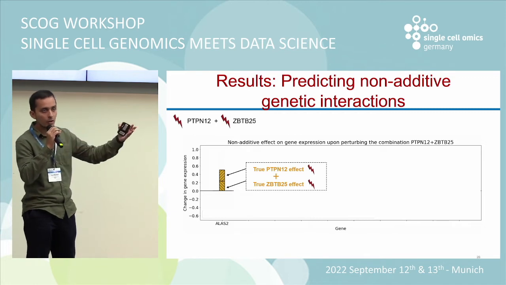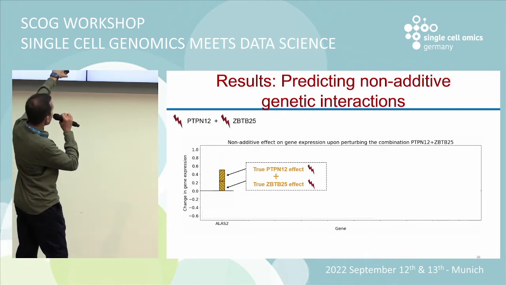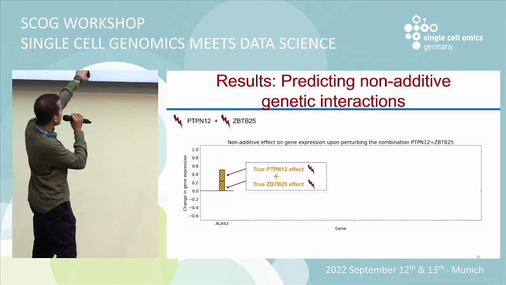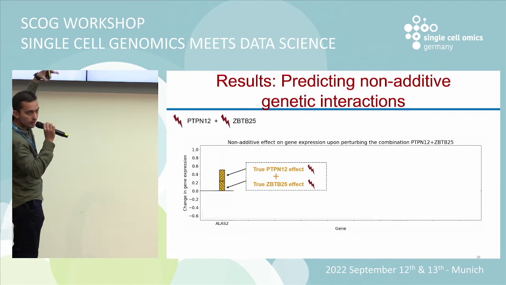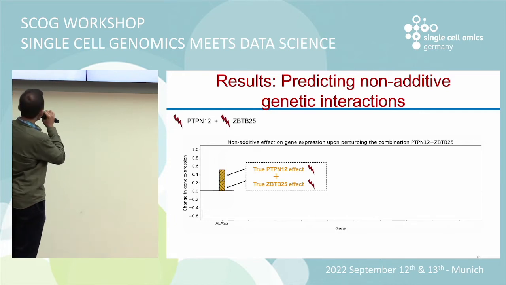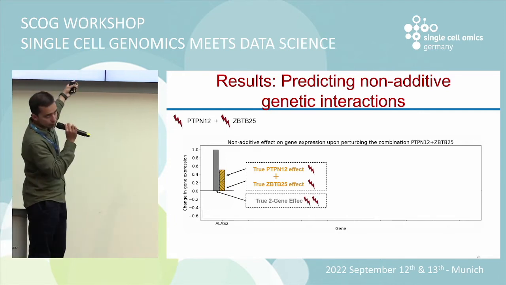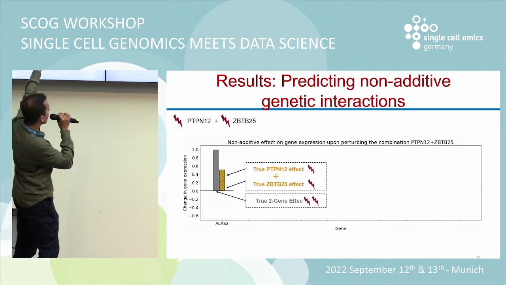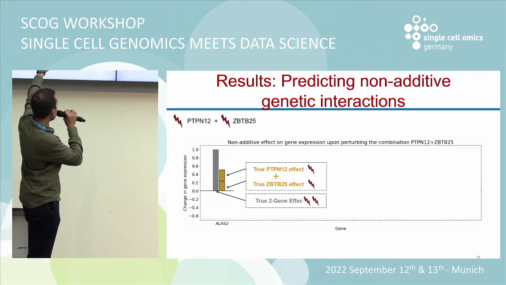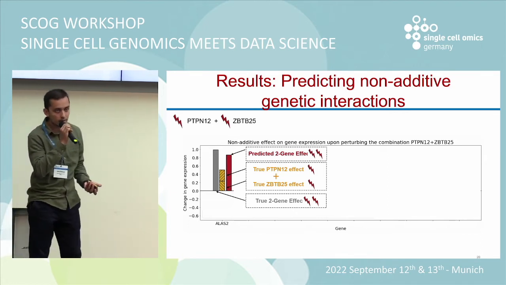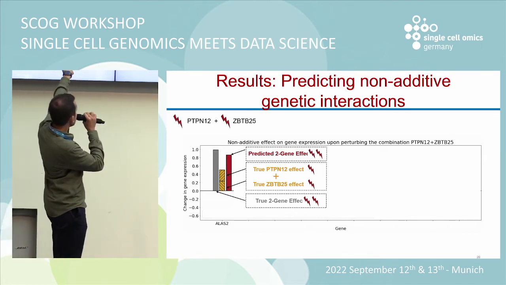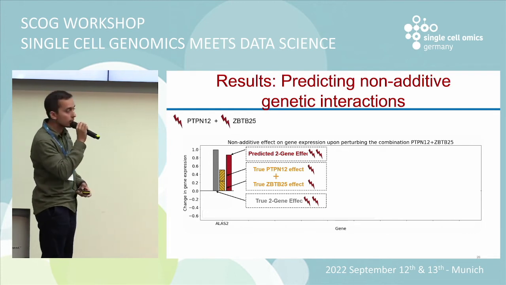For instance, if you're perturbing PTPN12 and ZBTB25, shown by these two hatched bars, you would expect the combination to be just the stacking up of those two bars. But the reality is, if you look at the true gene expression, it's actually much higher. This is a synergistic effect that you see in the real data set, and GEARS is able to detect it. GEARS doesn't make a naive prediction, it actually detects the synergy.